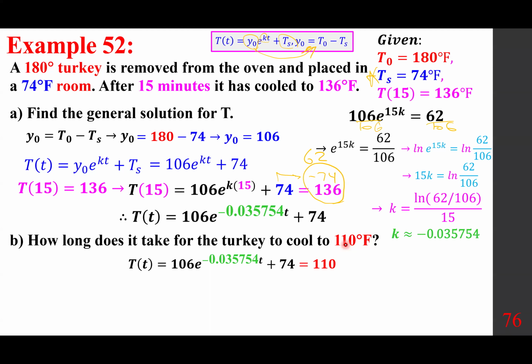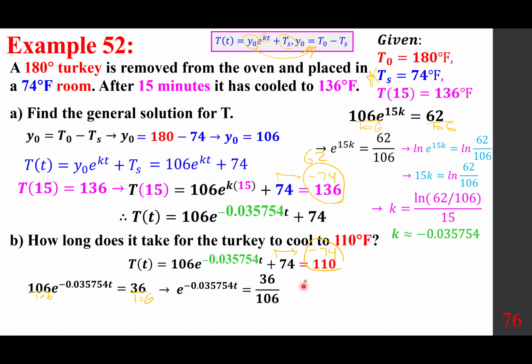So what do we do? We move the 74 first, which means we subtract it from 110, we get 36. We divide both sides by 106. Again, I'm not simplifying this, both divisible by 2.